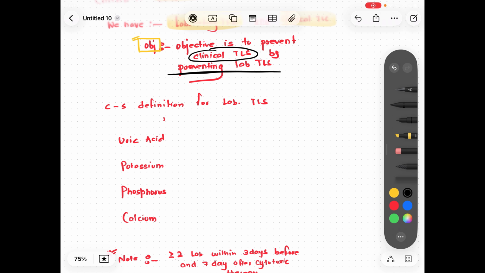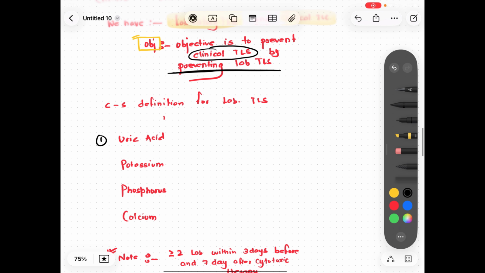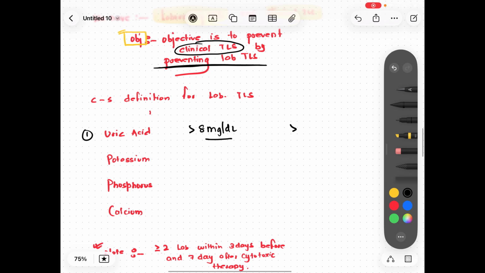Coming to the Cairo-Bishop criteria for the lab TLS, it has four components. First is uric acid. If the value is more than 8 milligram per dL, or increasing 25% from baseline.